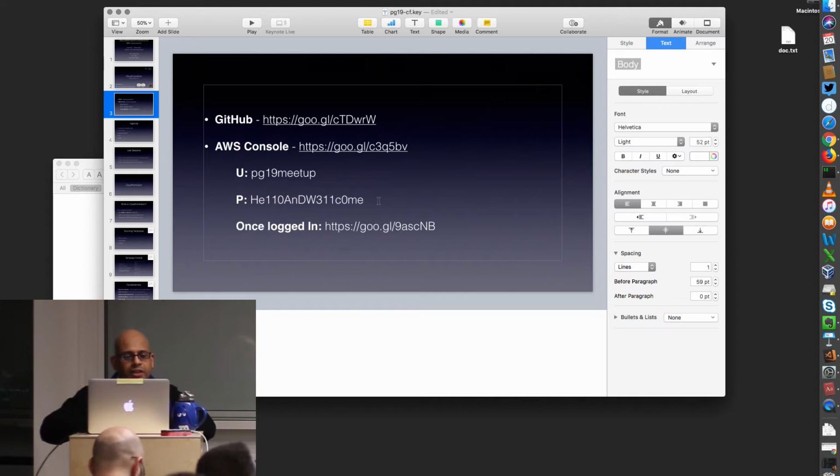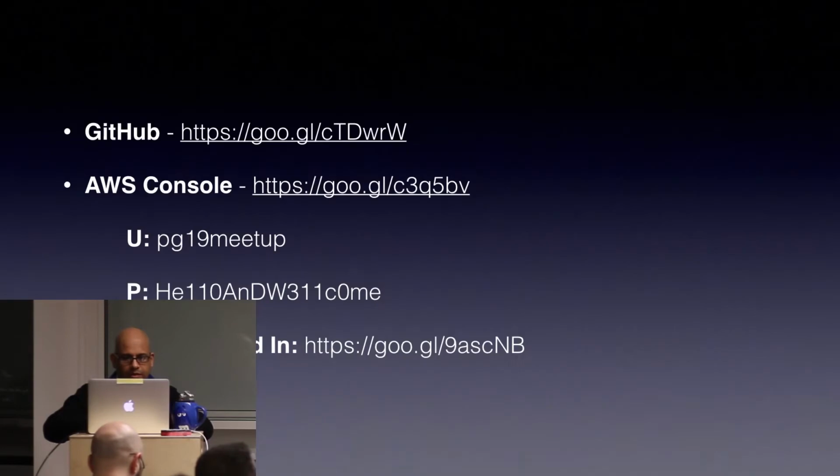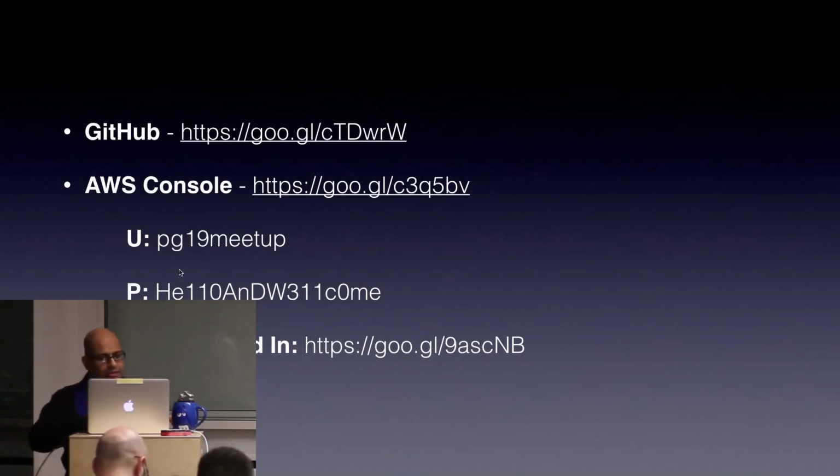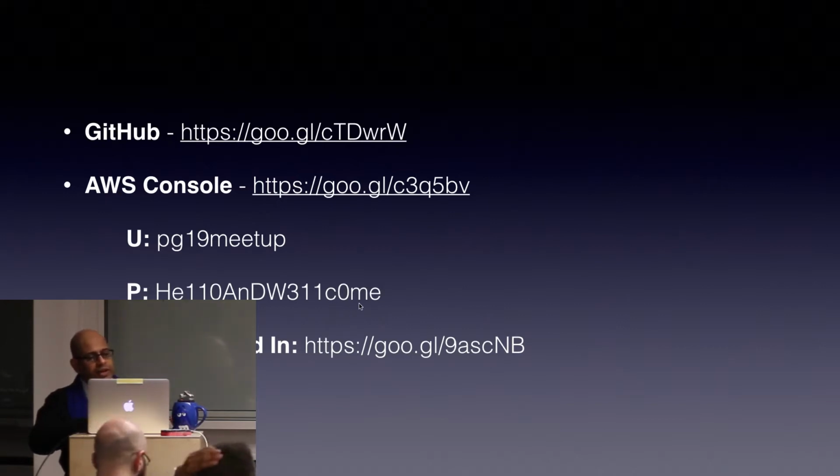So it's HE110 capital A N. That's capital H, lowercase e, 110, capital A, N, capital D, W, 311, and then a C, lowercase 0, and lowercase me.